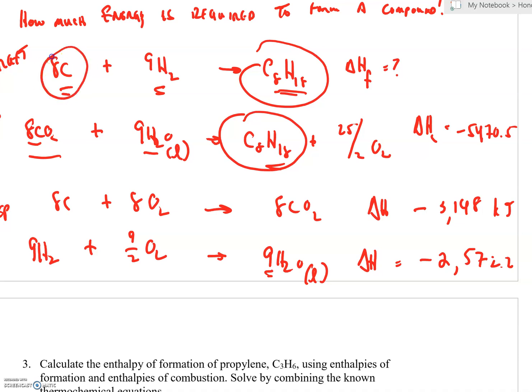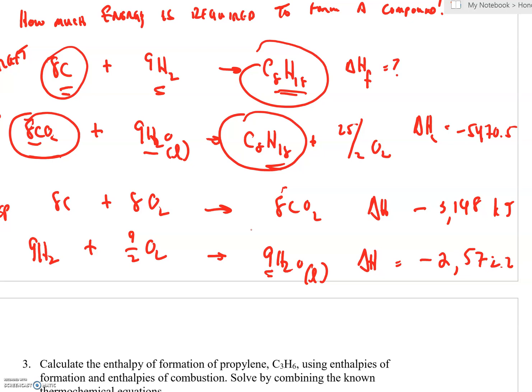We need 8C as a reactant in our step equations, but we also want to use the heat of formation so that this 8CO2 gets canceled out by something. So we got to put 8CO2 as a product in one of our step equations. 8CO2 is a product of the formation of CO2. So we just use the formation equation just for the bookkeeping, ladies and gentlemen, just for the bookkeeping.